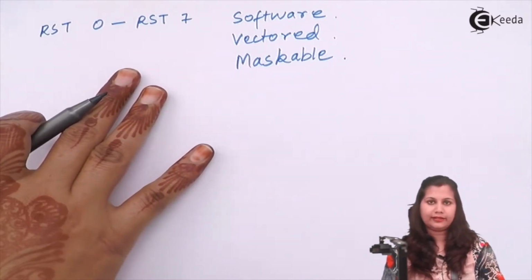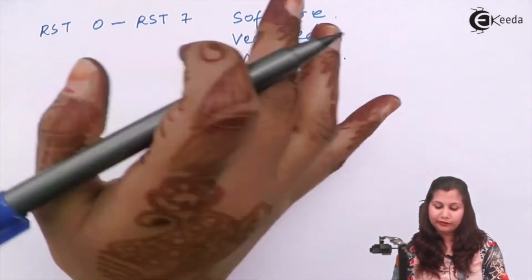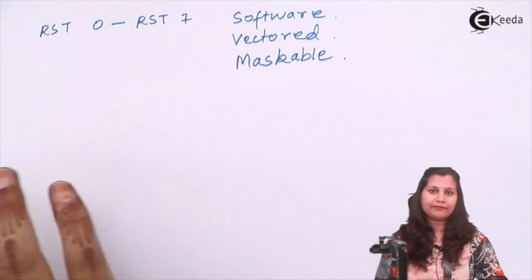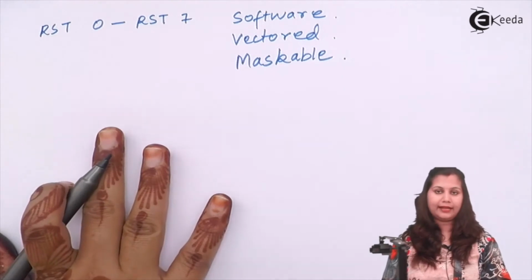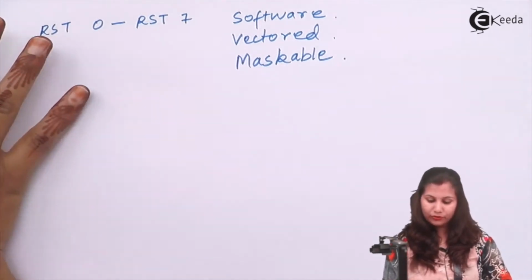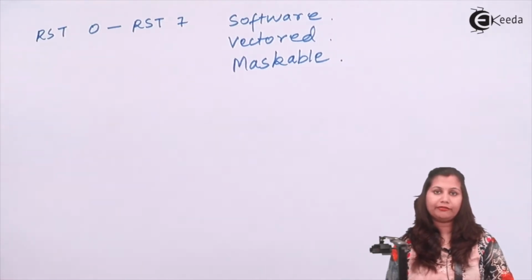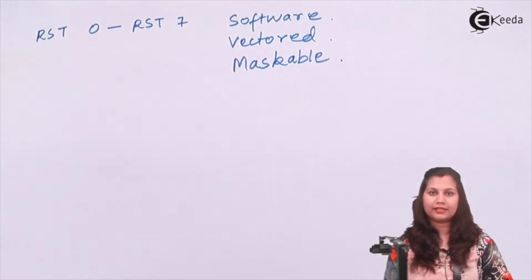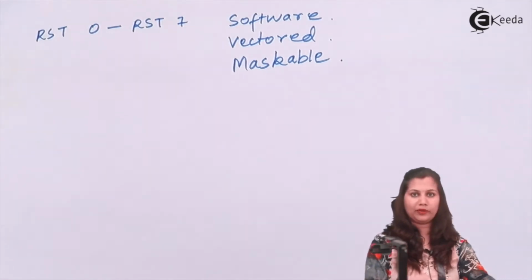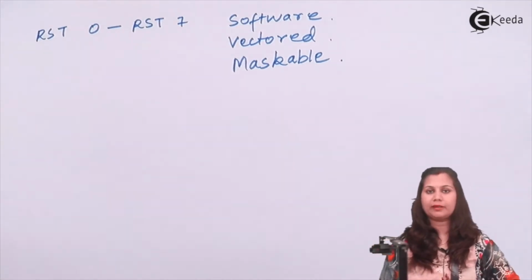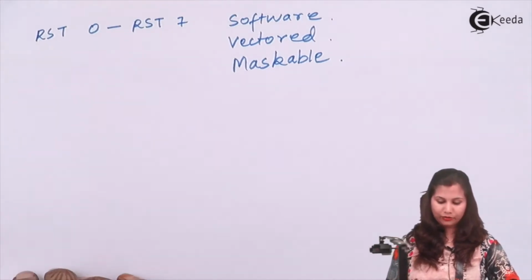We will study the RIM and SIM instructions later on. So we have got to know the interrupts available in 8085: trap, INTR, RST0 to RST7 and RST7.5, 6.5, 5.5.